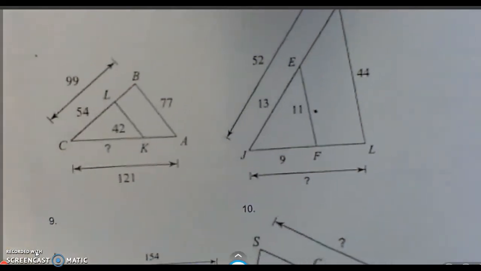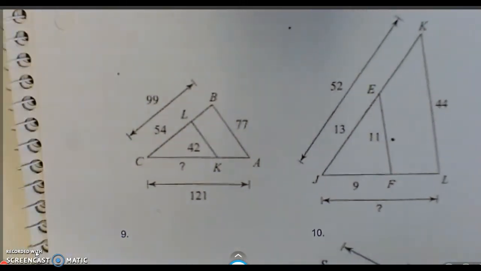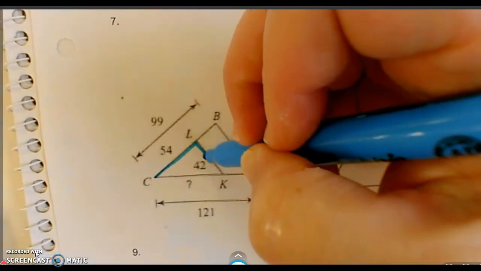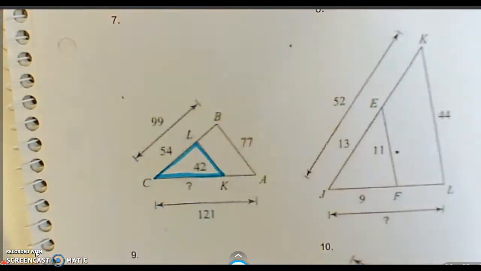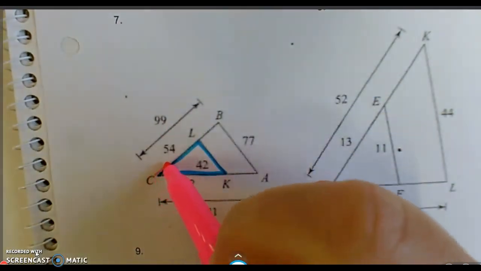Okay. One more kind of problem I want to look at, and that's these problems that have 2 triangles in them. So what you have to do when you're looking at the ones with 2 triangles like this is you have to look at the little triangle, which I'm going to highlight, and then you have to look at the big triangle to compare. And I'm going to highlight it as well. I'm going to highlight it outside so you can see it both.